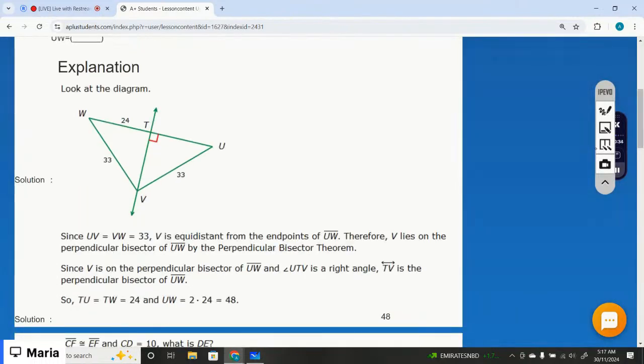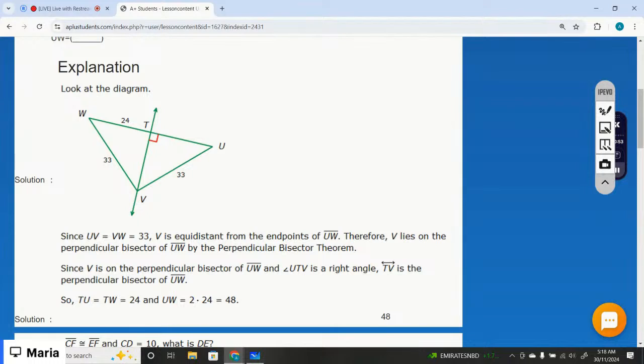Since UV equals VW, V is equidistant from the endpoints U and W. Therefore, V lies on the perpendicular bisector of UW.